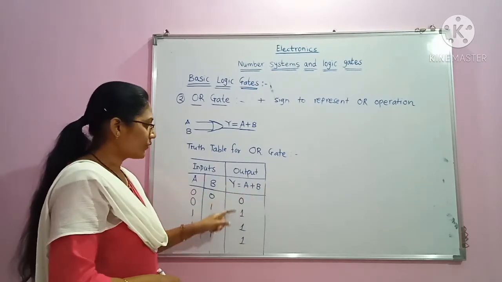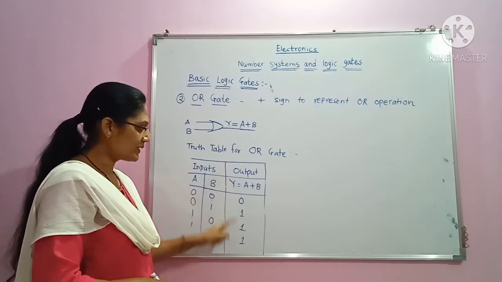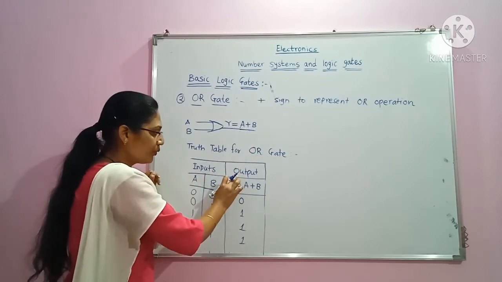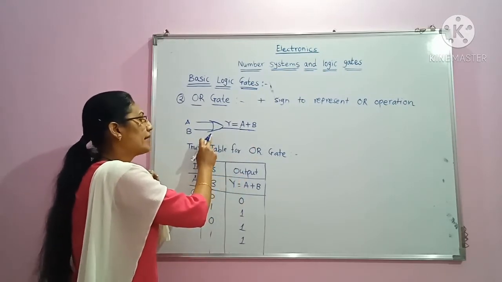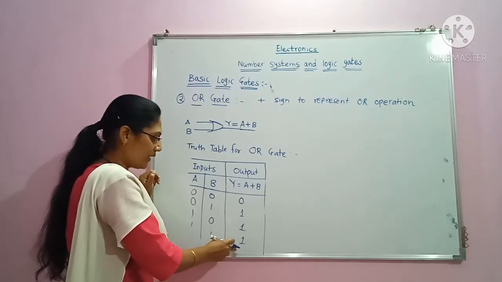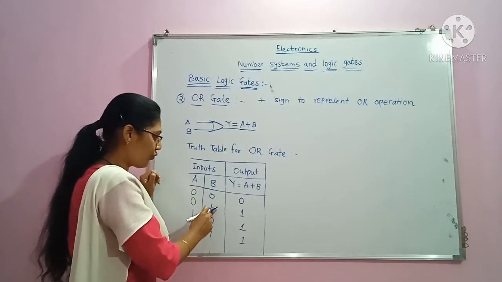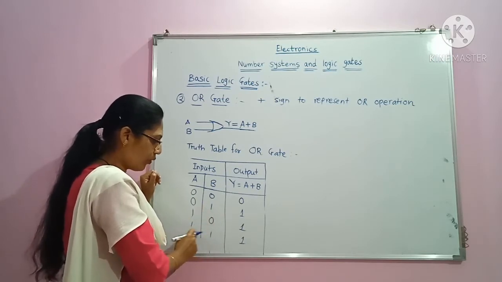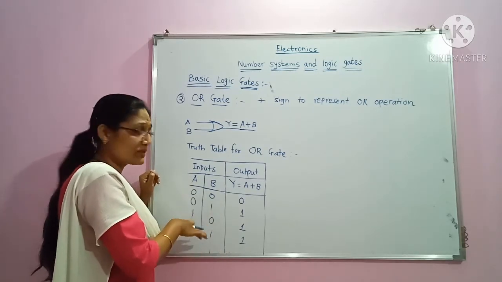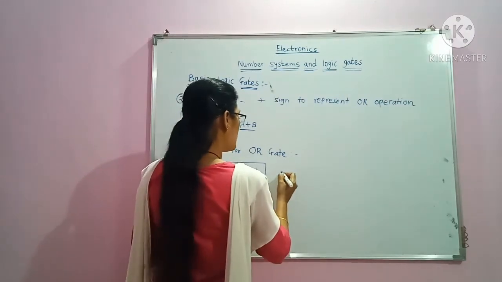Then what we have drawn as a conclusion from the last table, related to the output, is that the output of an OR gate will be at logic 1 if one or more of its inputs are at logic 1.